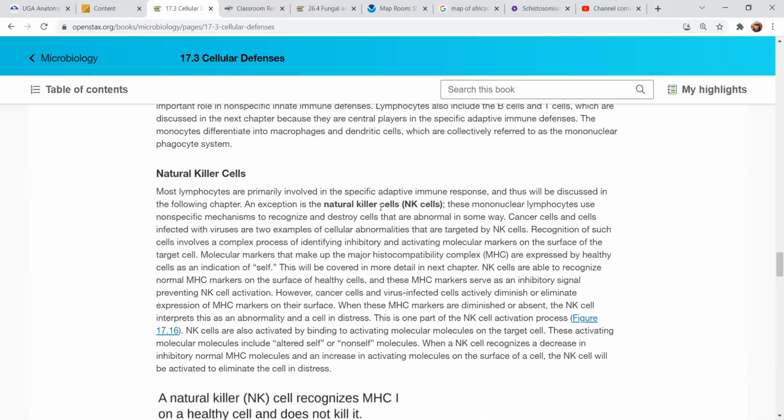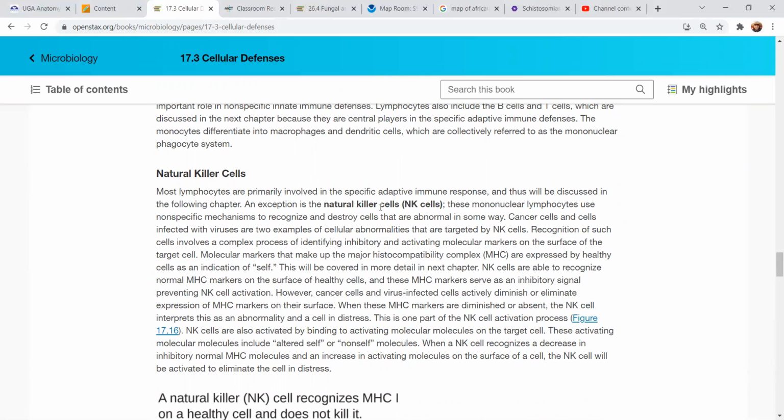They recognize these MHC, these major histocompatibility complex molecules, on healthy cells, and they know to leave those alone. But if there is diminished or elimination of these MHC markers, the NK cell is like, hey, that cell is abnormal. I need to destroy it.